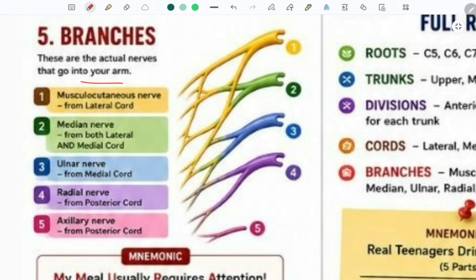There will be 5 branches: musculocutaneous nerve, median nerve, ulnar nerve, radial nerve, and the axillary nerve.